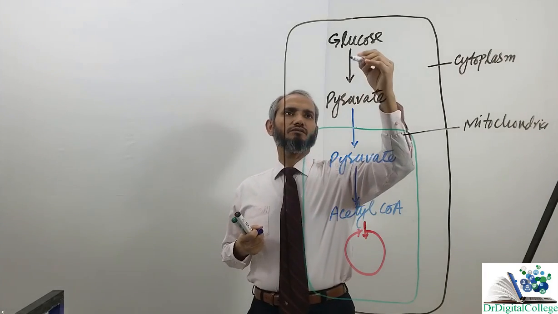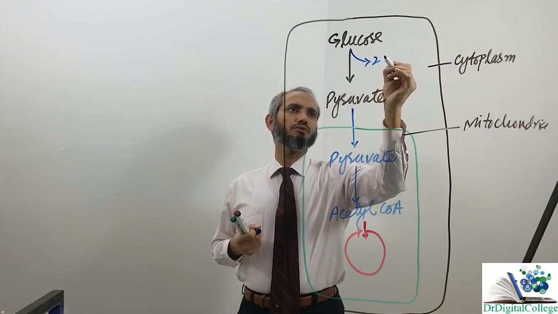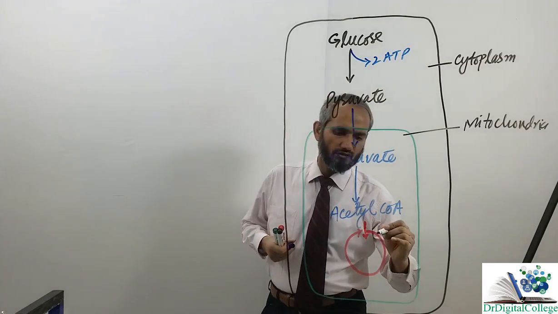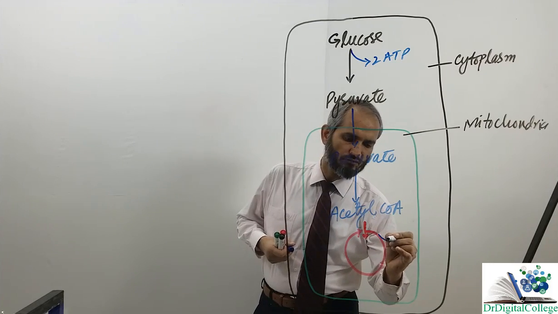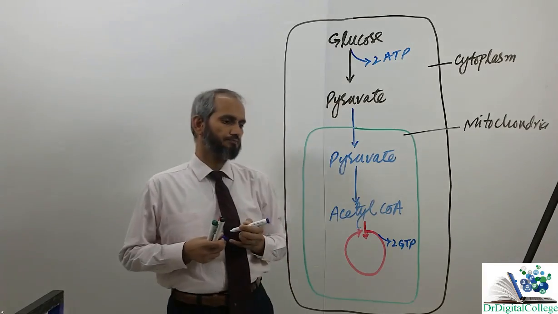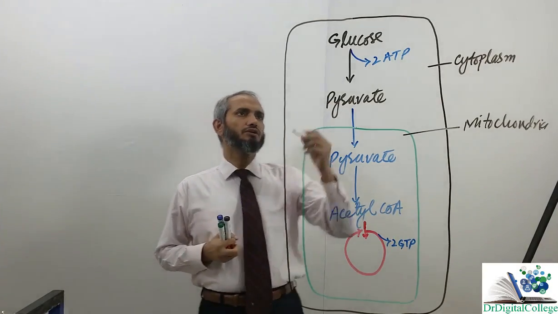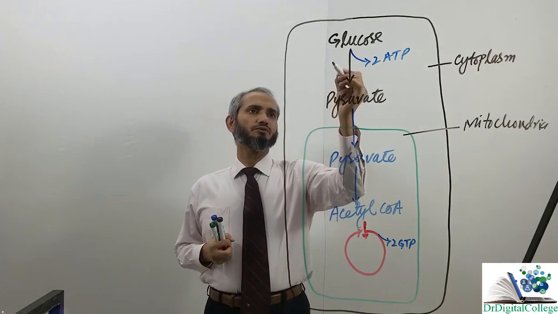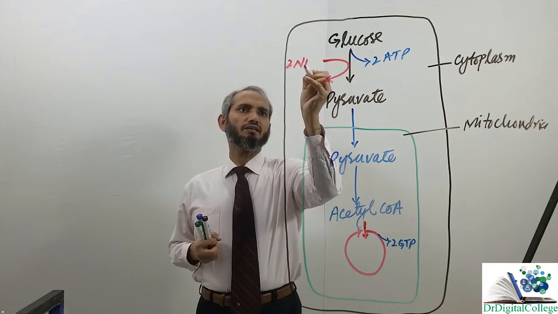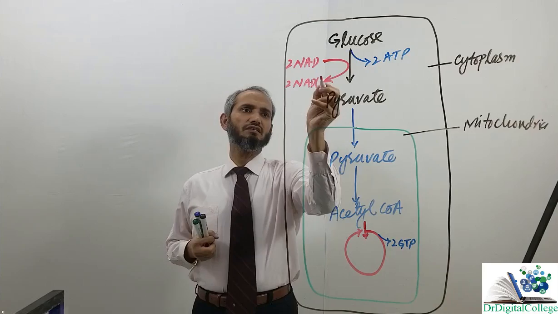You know that when glucose is oxidized, there is the formation of 2 net ATP, and during the Krebs cycle, there is the formation of 2 net GTP. Okay, if we talk in terms of NAD, during the oxidation of glucose, there is the net change of 2 NAD into 2 NADH2.